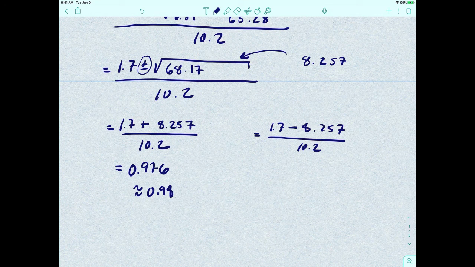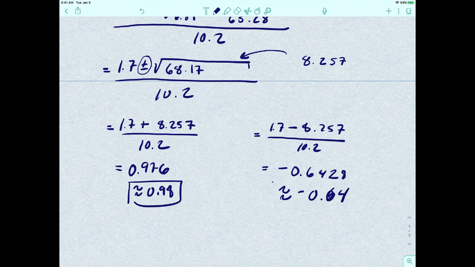For the expression on the right, we have 1.7 minus 8.257 divided by 10.2. That would give us a negative 0.6428. We need to report this with 2 sig figs, so that would be a negative 0.64. Okay, so those would be the two solutions.